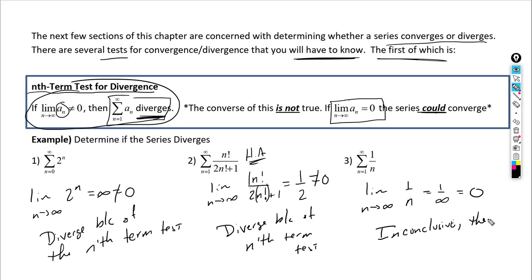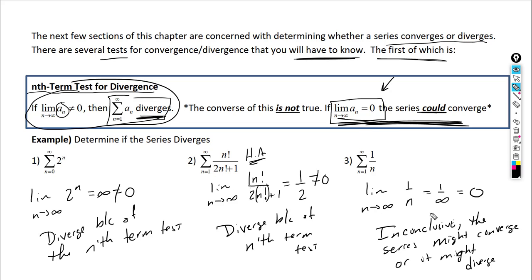Therefore the series might converge, or it might diverge. We don't know what's going to happen because this equals 0.